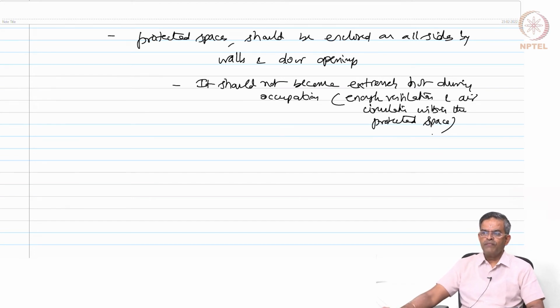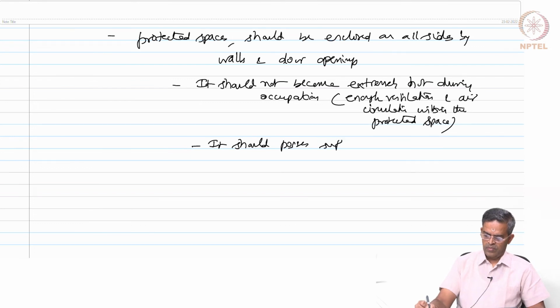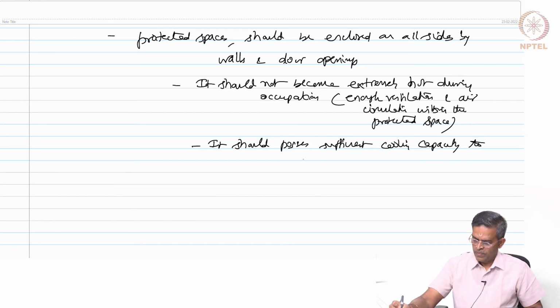It should possess sufficient cooling capacity to remove the heat loads of the space, okay.